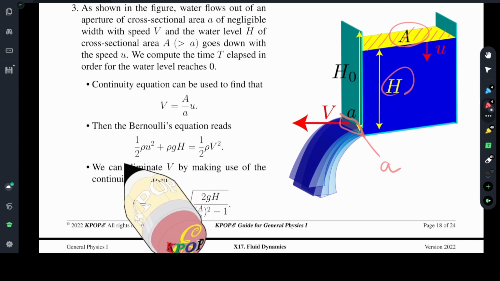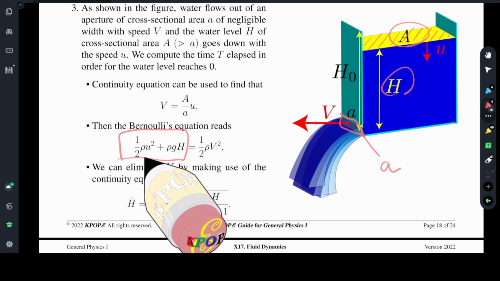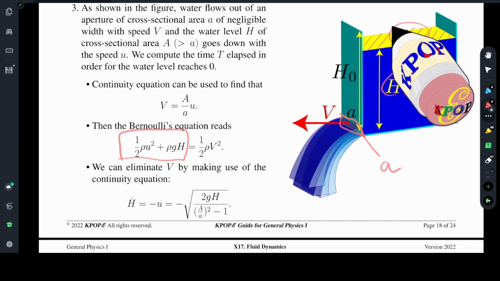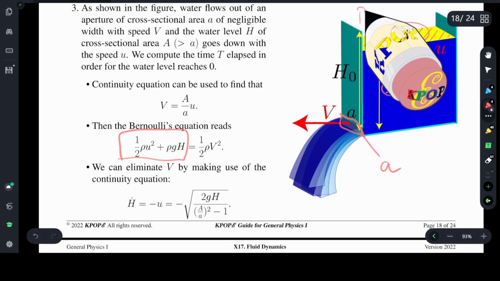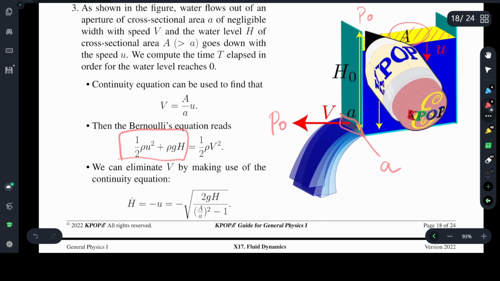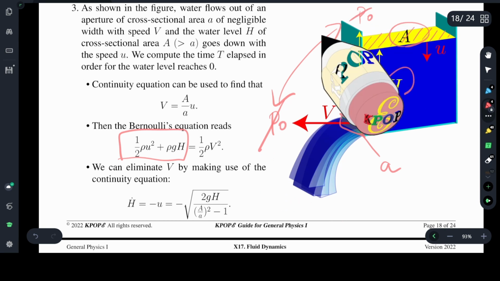Then we can apply Bernoulli's equation. And here we do not apply any additional pressure on either side. On both sides, the only pressure on it is atmospheric pressure. They are almost the same, so I can ignore this amount.